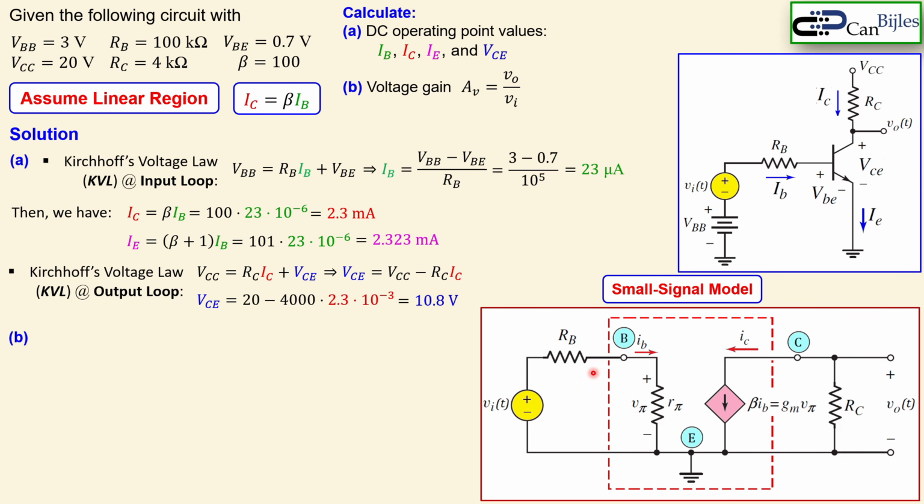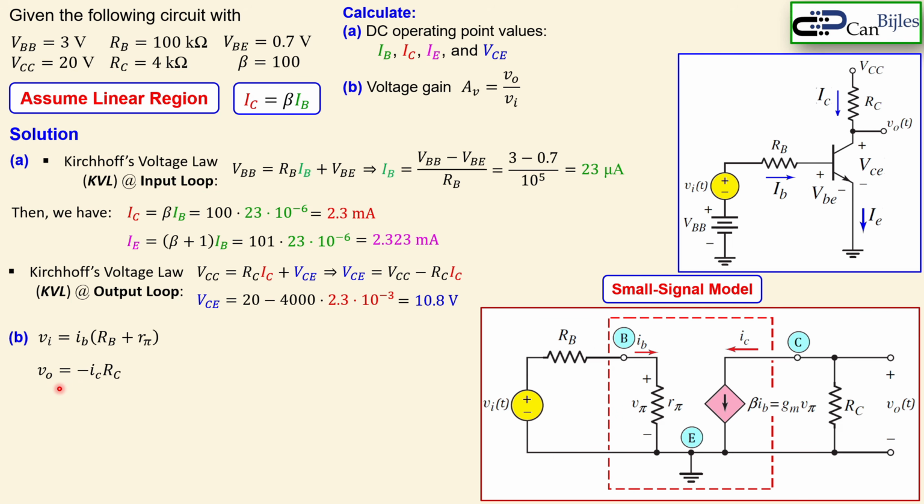Okay, we will use this small signal model. This is also called the hybrid pi model in the very simple configuration. Okay, what do we see? We need a VO over VI expression, so let's determine each of them separately. VI is equal to the summation of these two resistors, RB and R pi, times the current flowing in this loop, given by Ohm's law.